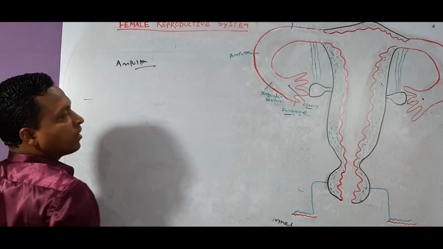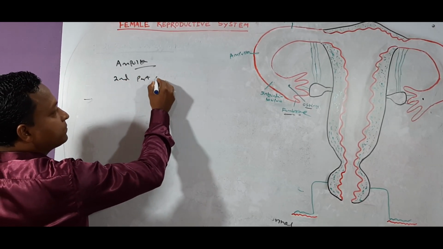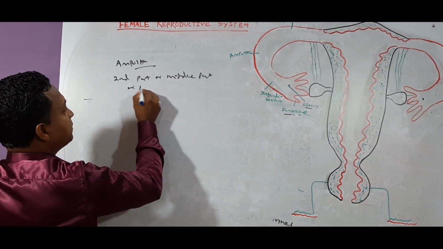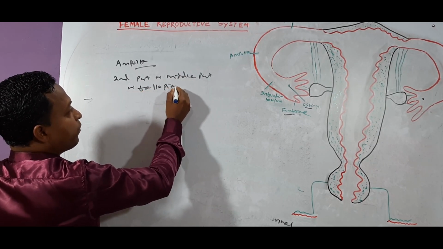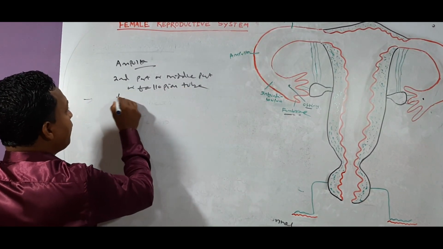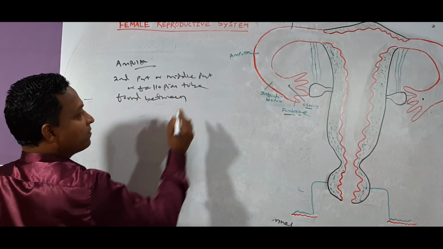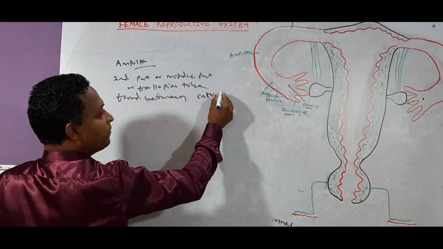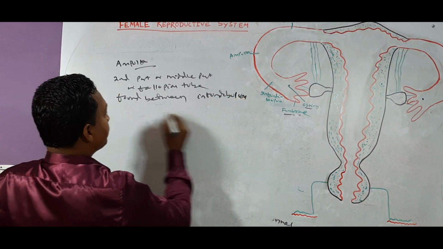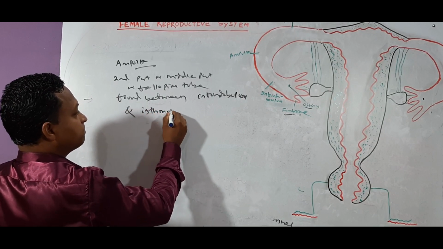It is the second or middle part of the fallopian tube, found between infundibulum and isthmus.